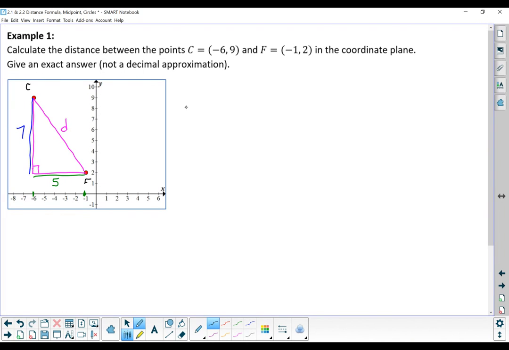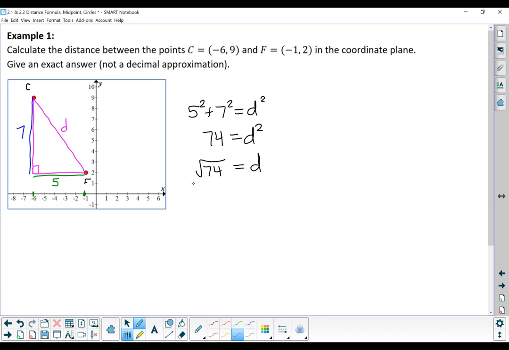So if we think of it as a Pythagorean theorem question, it would just be 5 squared plus 7 squared is equal to d squared. 5 squared plus 7 squared is 74. And so then we would take the square root to get our answer.